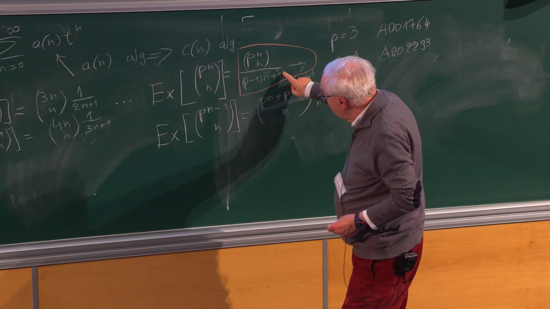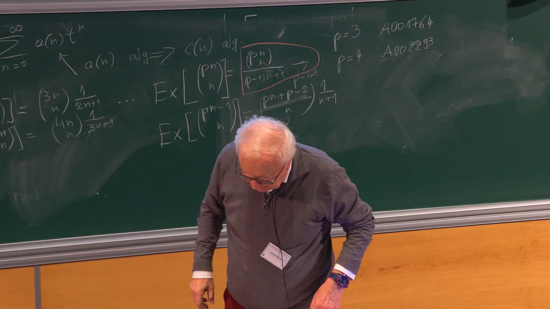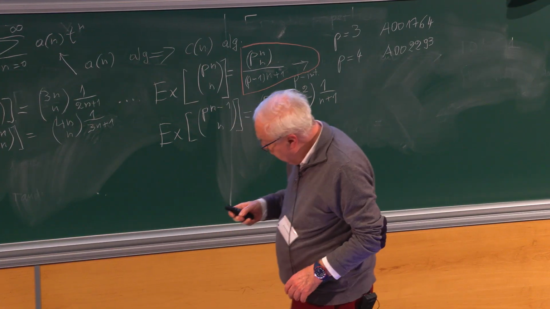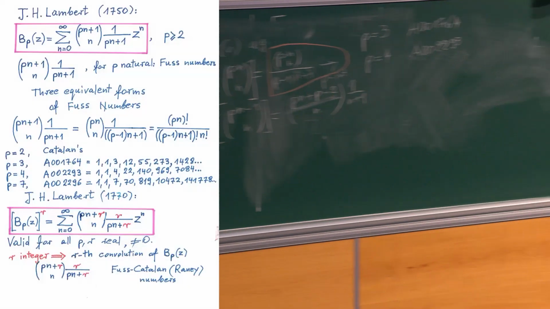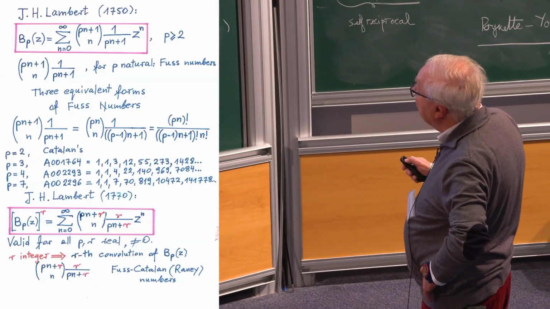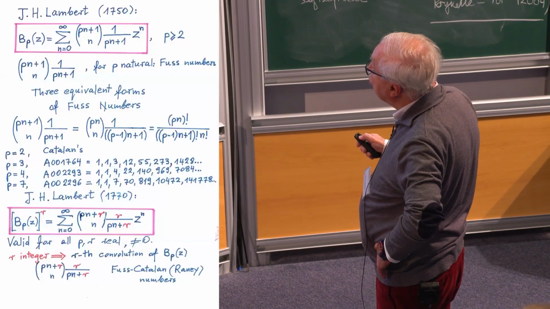Okay, so these are so-called Fuss numbers, and I will explain them. You see, this expression, which I have here surrounded in red, is exactly the second form of so-called Fuss numbers.